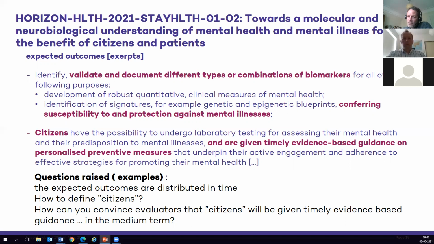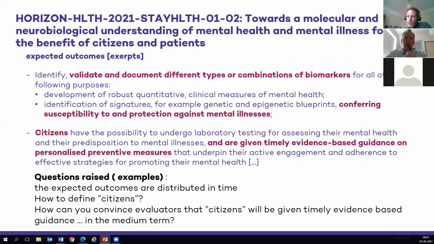It implies a shift from treating to preventing. This is, of course, the overall aim. And it also says citizens, which is all of us, basically. So how can you bring about such a change? This raises a number of questions. Who will pay for it? It is clear that researchers will have a hard time making sure that lab testing is available for the general public.